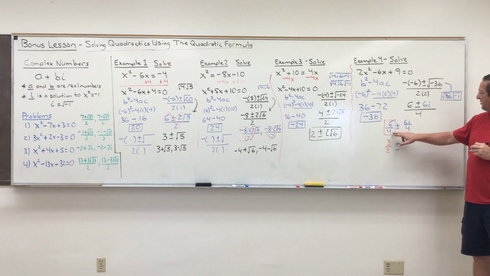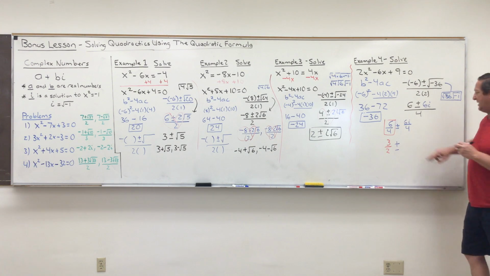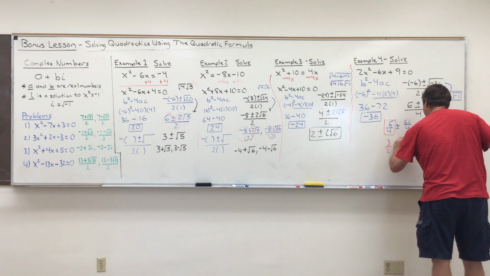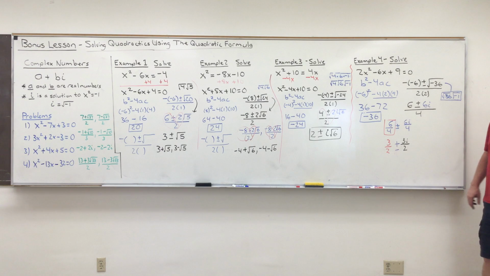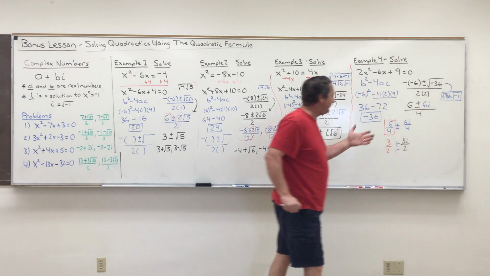So 6 over 4 reduces to 3 halves plus or minus, and this 6 over 4 would reduce to 3 halves. But it would be 3i over 2.